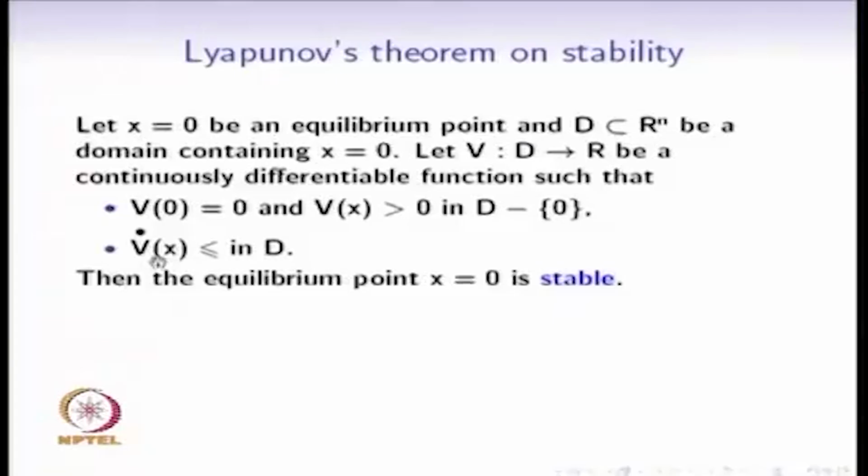So, at every point x there is a V dot defined, and if that is less than or equal to 0, the 0 is also missing here, if that is less than or equal to 0, then the equilibrium point 0 is stable.